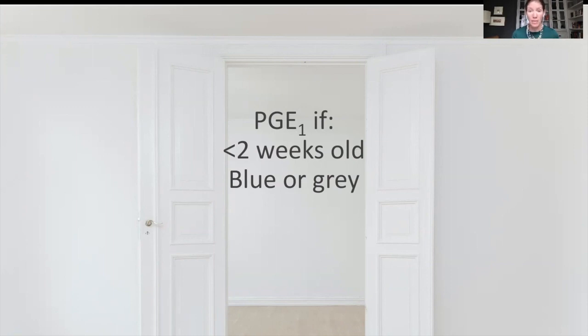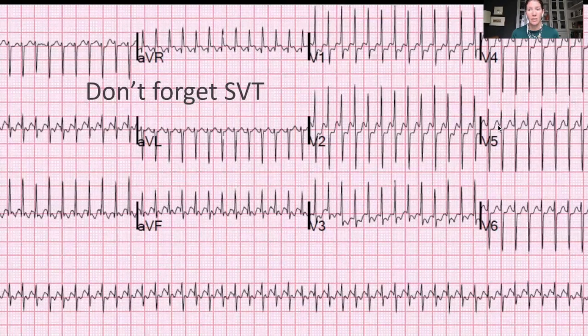So the baby that I presented to you actually did not have palpable femoral pulses and remained very shocky despite fluid bolusing. He was under 2 weeks of age, so for this baby, we did start prostaglandin, and we called cardiology for a consult.